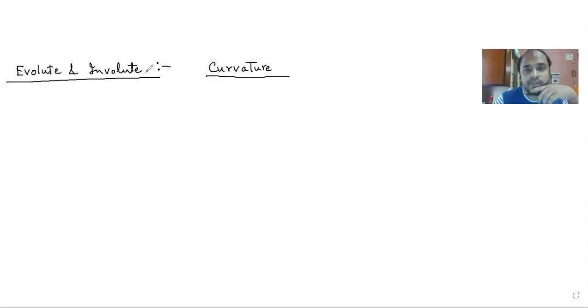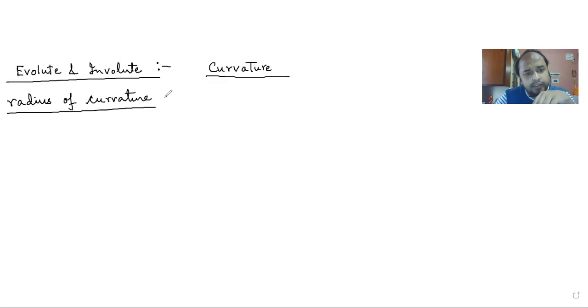So probably you have seen that the note started with curvature, and then radius of curvature was defined. If you have not gone through it, I'm just telling you that the radius of curvature was defined, and after a few pages, center of curvature was defined.